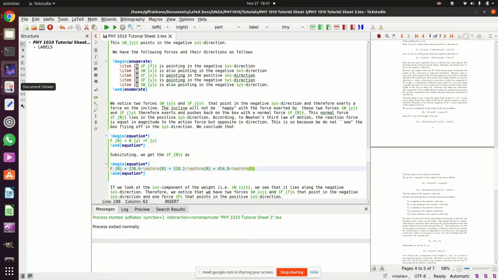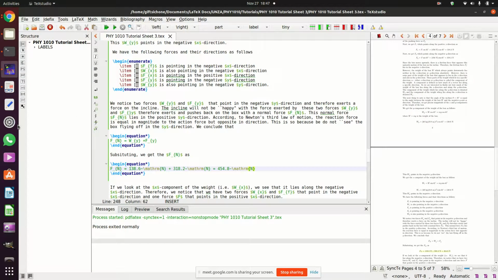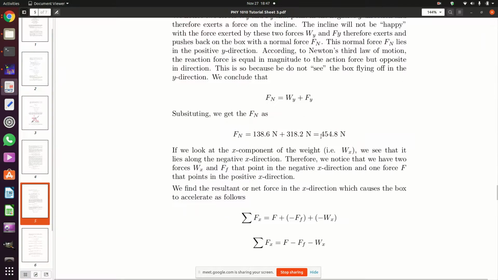It's correct. Okay, so this is what we get for our normal force. Okay, so we are done with the y direction.